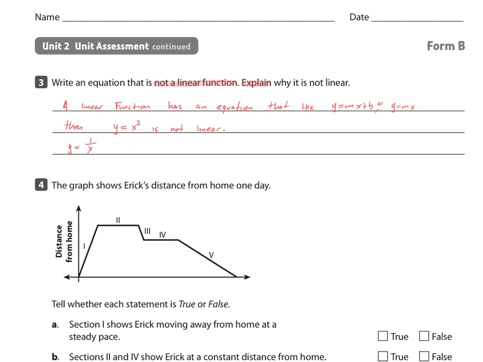Another example of that will be y equals x to the 15th power plus 1. So we have a large number of equations that you can write. The easiest thing you can do is just write y equals x to a different power, and that's it.